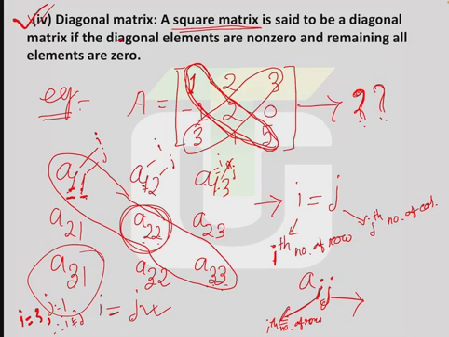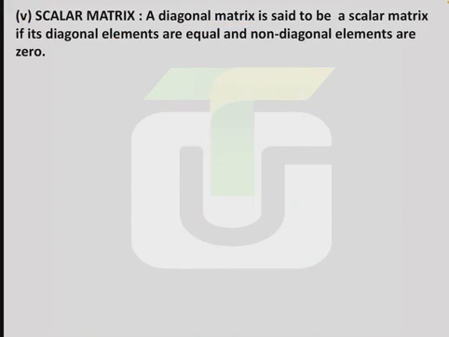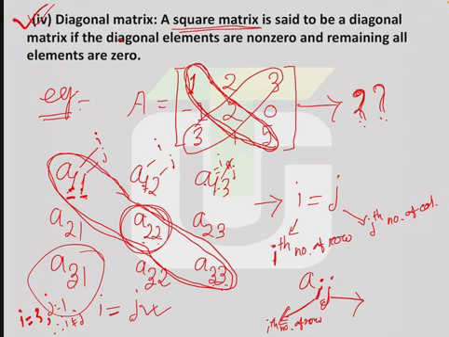So we consider only this diagonal. Clear? If you have any doubt you can ask me, but the basic thing is that I should be equal to j. In this diagonal I is equal to j, therefore we consider only this diagonal. But in the other diagonal, I is not equal to j, therefore we don't take it.